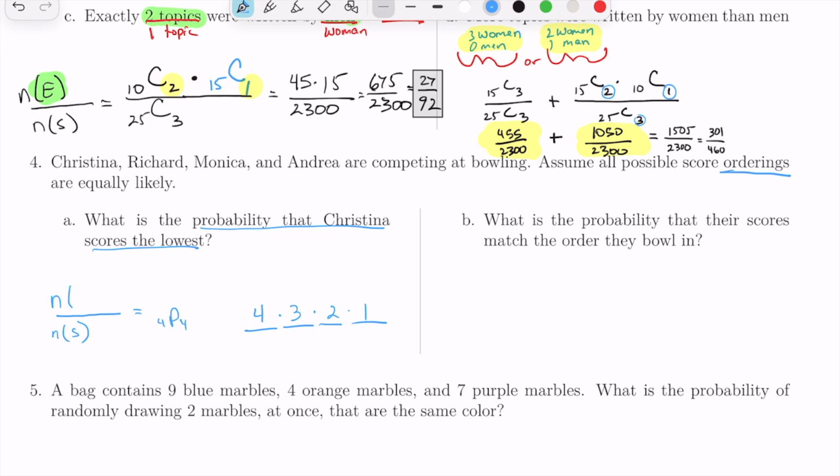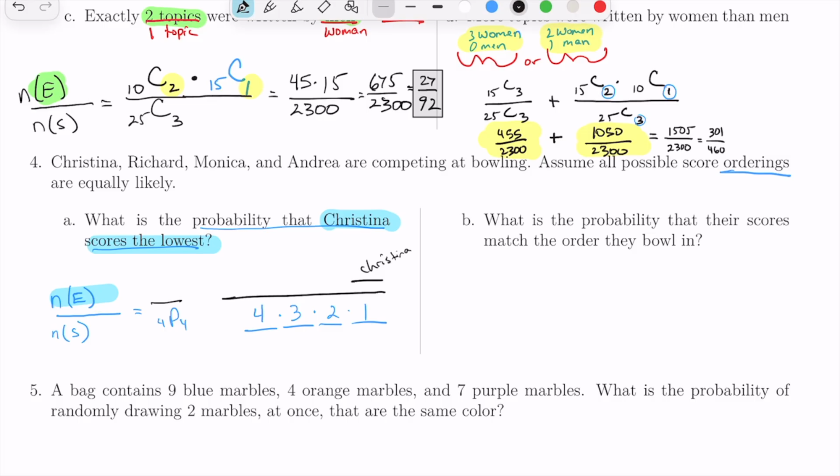Now, for our event, what this is for Christina to score the lowest. If we are guaranteeing that Christina is going to score the lowest, then you could think of it like this. This one here is locked in with Christina.